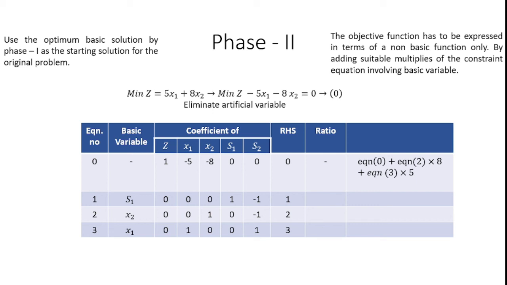Here I collect the coefficient values from the mother equation. Z is equal to 1, x1 coefficient is -5, x2 coefficient is -8. In this equation there are no S1 and S2 values, so S1 is equal to 0, S2 is equal to 0, and in the previous phase 1 table the right hand side value is 0, so I reproduce the same 0 here.